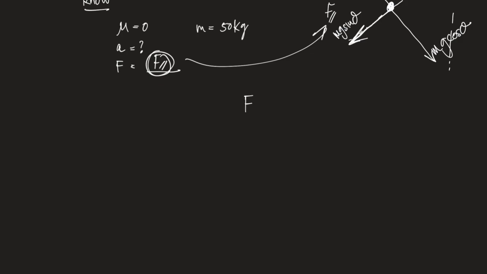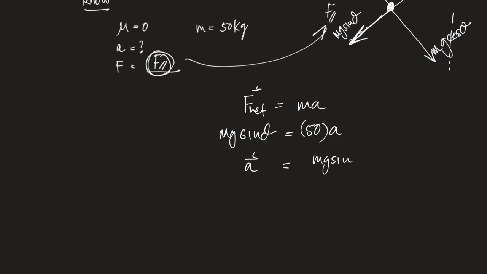So if I come here into my calculations, I know that F net is equal to ma. Of this, I know my F net is mg sine theta. I know my mass is 50, but I don't know my acceleration. So we divide both sides by 50, and acceleration is equal to mg sine theta all over 50.